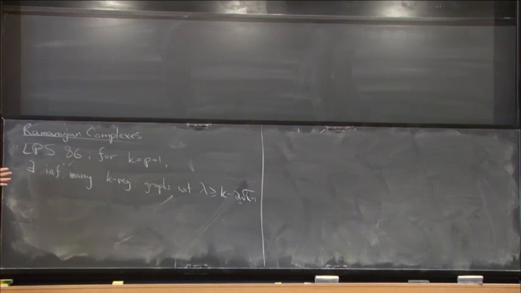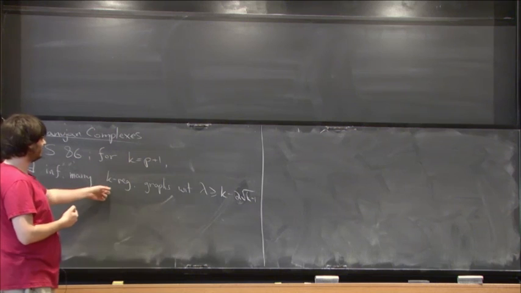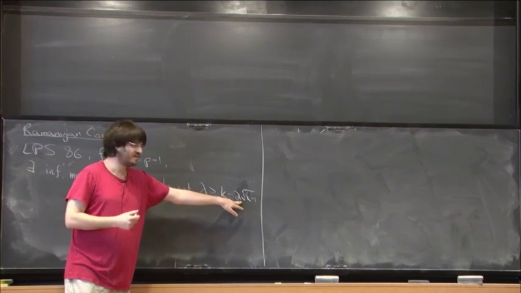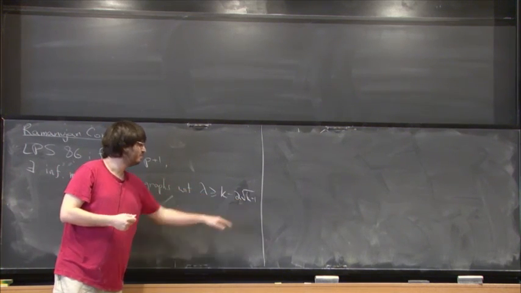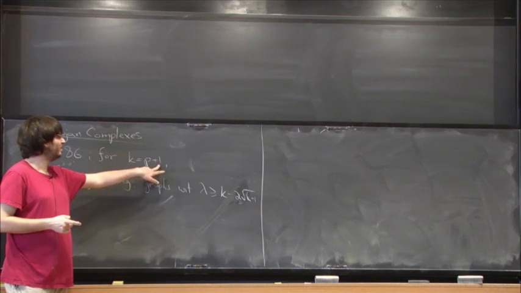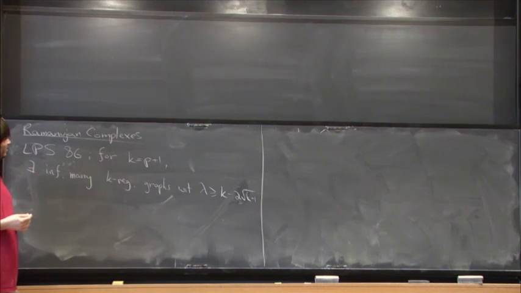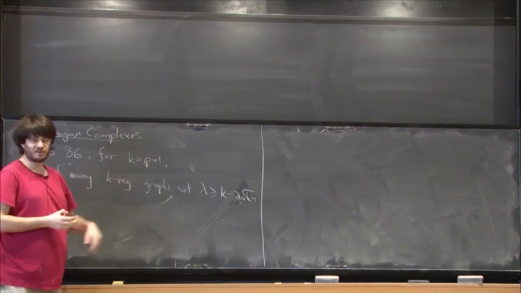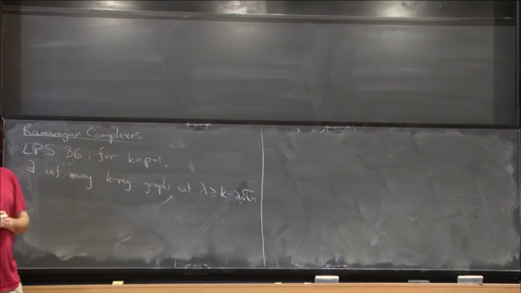So Alon-Boppana tells us that this is the optimal you can get. If you want infinitely many k-regular graphs, eventually you get arbitrarily close here, but it's not clear at all if you can actually achieve it. And they showed it for p plus 1, and then Morgenstern did it for p to some power plus 1, and it's still open for general p.